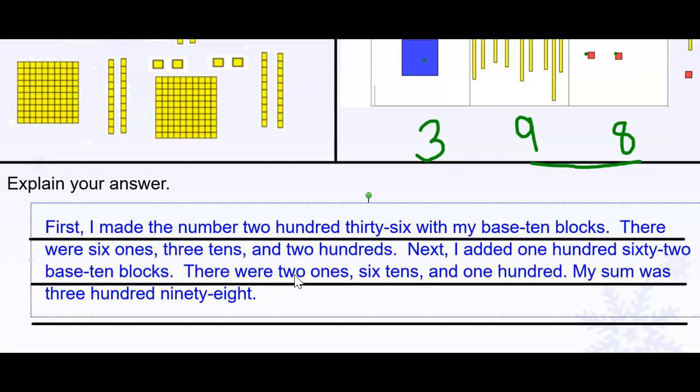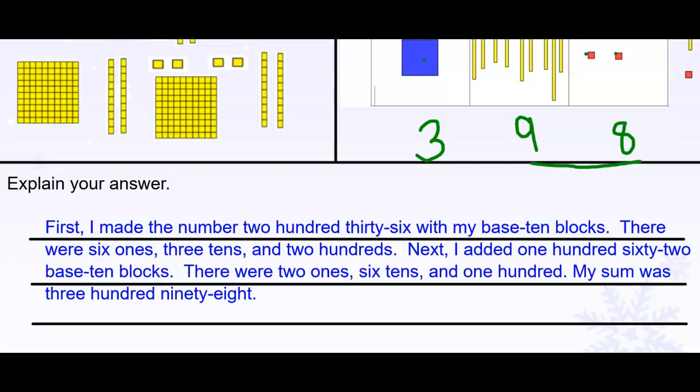Boys and girls, notice that when we explain our thinking, we write numbers in word form. 236 was in word form, and 162 was in word form. That means that we just wrote our numbers using words. Also notice that we talked about each number in its place.